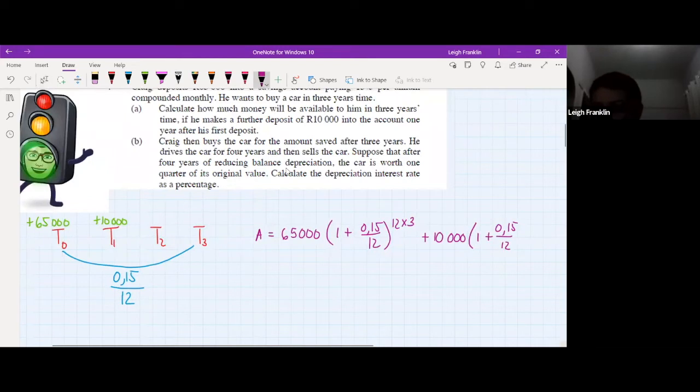Okay, so here, close bracket, I've got to remember to multiply N by what I divided I by, and it's going to be here for 2 years. So it will be compounded twice during that time. Okay, so you guys can work that out and share what you get.